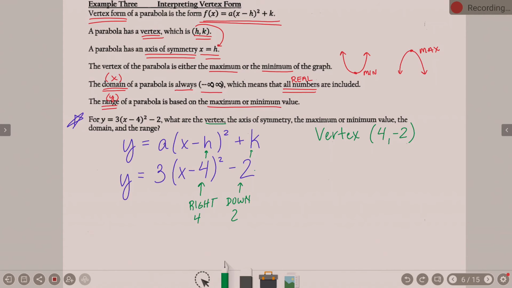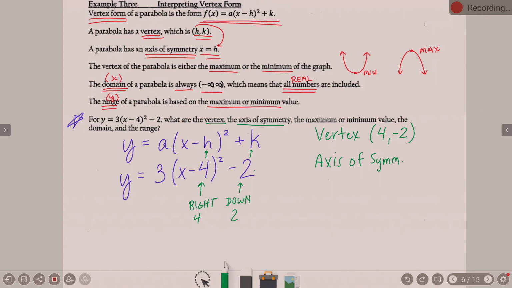Okay, so vertex. Next thing we need, axis of symmetry. Well, if you know your vertex, you know your axis of symmetry. Axis of symmetry is always what? Your first number from the vertex, so your x value.